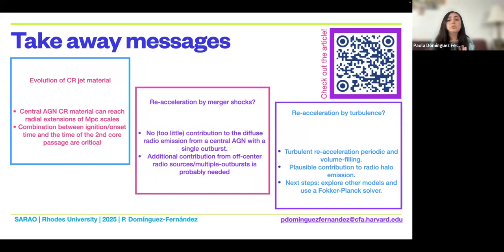So what we want to do next is explore other turbulent reacceleration models that have been proposed in the literature, and also go further and model the synchrotron emissivity using a Fokker-Planck solver. And yeah, with that, I would like to thank you for your attention.